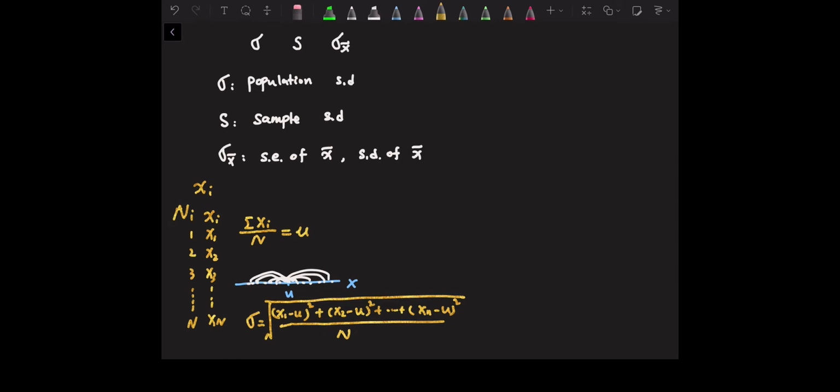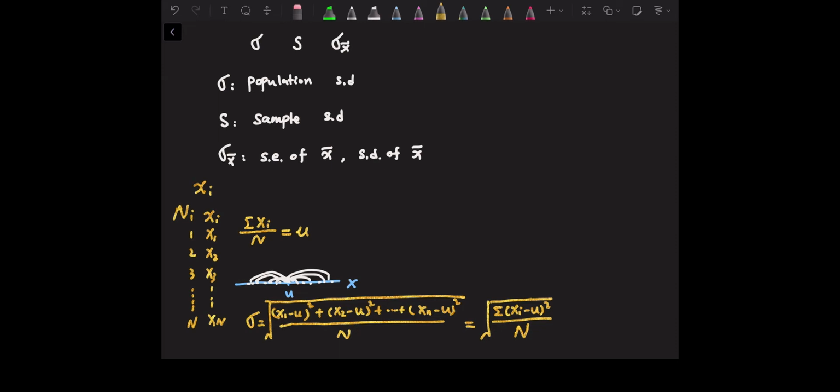You can simplify this into the square root of the sum of deviations from the average squared divided by degrees of freedom. Here we have population data, so it's just the population size n.